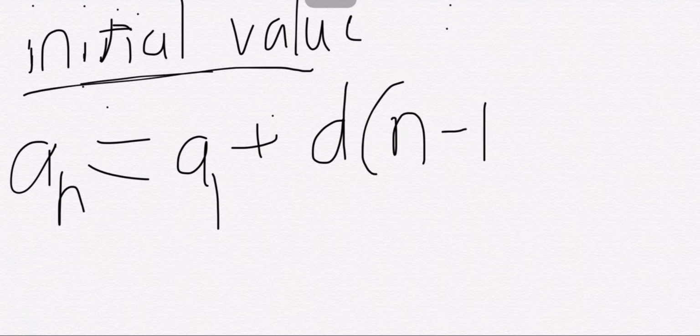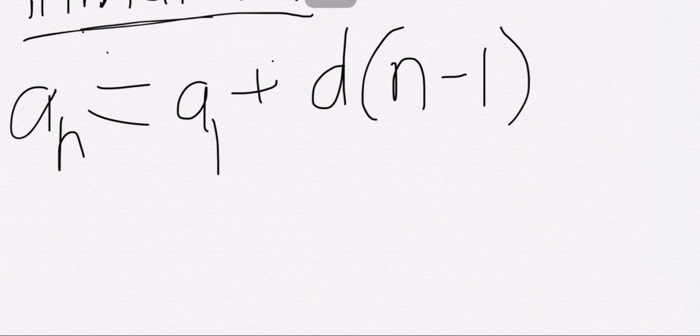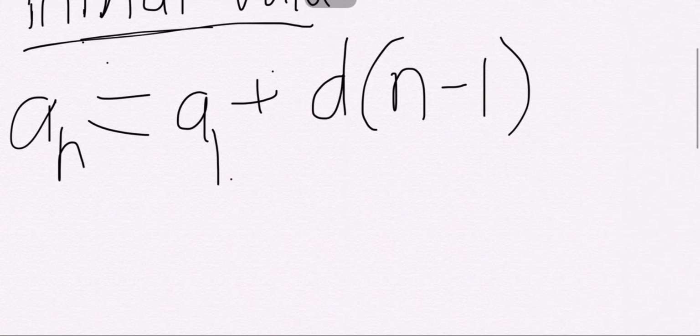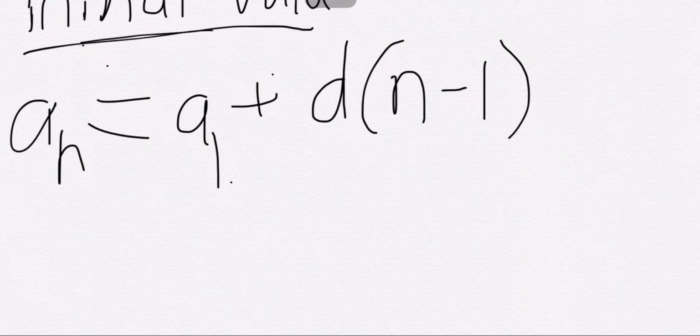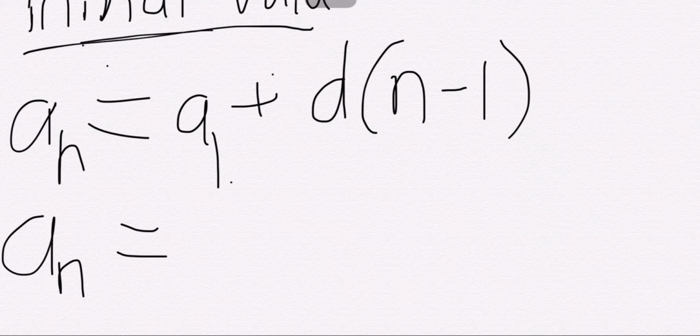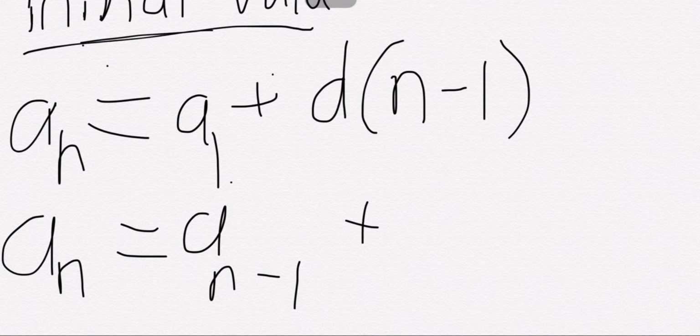That's the explicit form, and the implicit form will be a sub n is equal to a sub n minus 1 plus d.